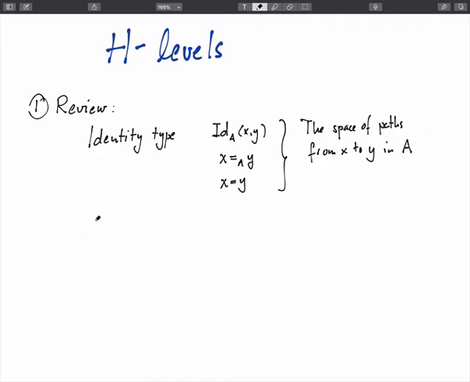And what were some basic properties, or the basic structure of this? First of all, we had the constant paths, which we wrote as refl, or maybe just refl x, where you can guess what the type of x is. This is the constant path at x.